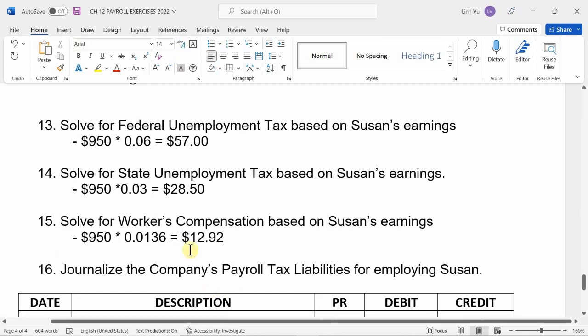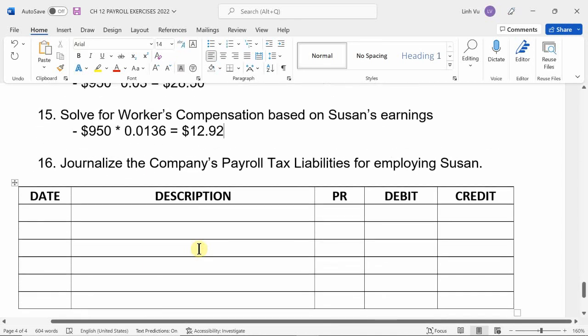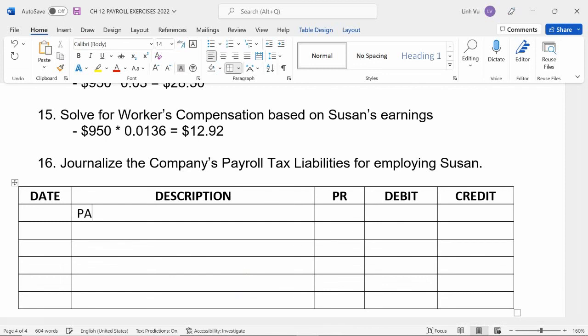So in this case, how do we compile the total amount of company payroll taxes? Payroll tax expense.